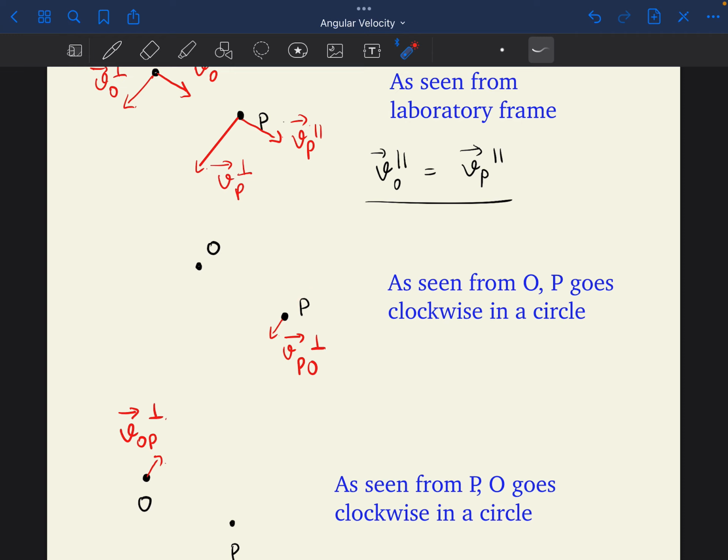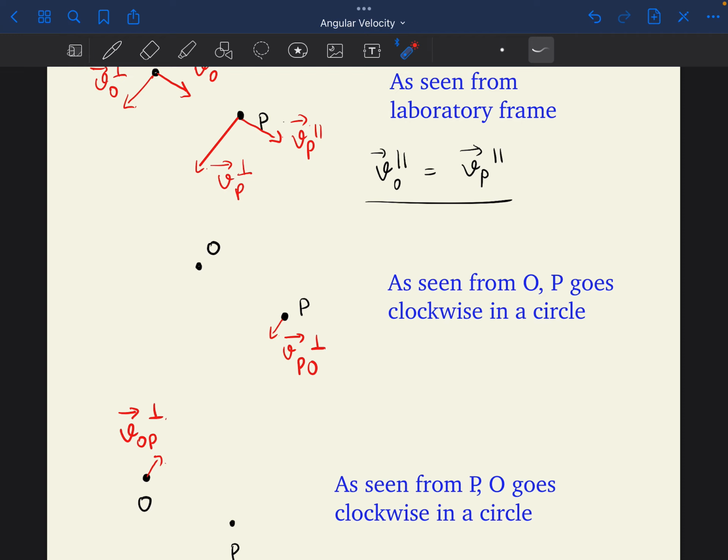So even though we are looking at only an instant, we are guaranteed that P will go around in a circular path around O, and its velocity might change. This speed might be changing. The speed we need not hold constant. We only need the condition that OP remains fixed, and OP remains fixed guarantees that P is moving in a circular path about O, as seen at every instant.